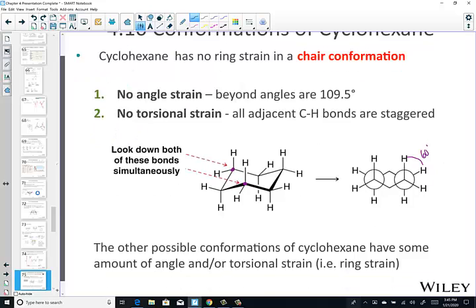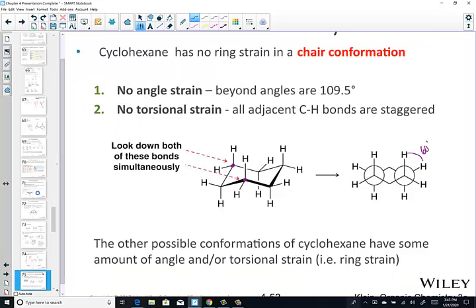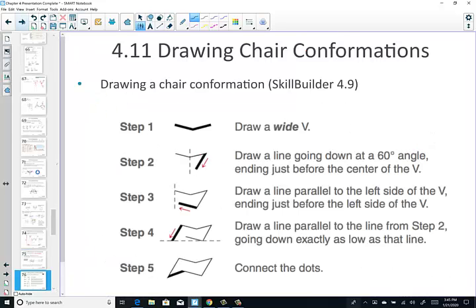So all other conformations have some sort of ring strain, some sort of torsional strain, some sort of steric hindrance that's interacting. And because the chair conformation is the most stable, it's the one that we most commonly draw and discuss, in terms of chemistry and thinking about how a cyclic product will form.